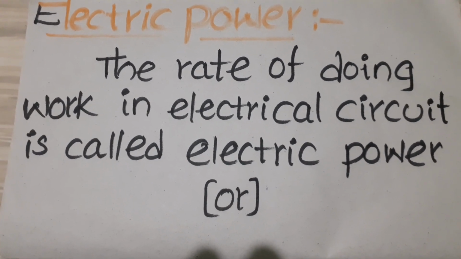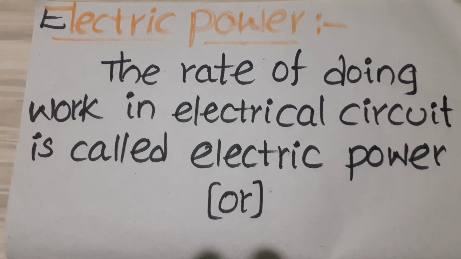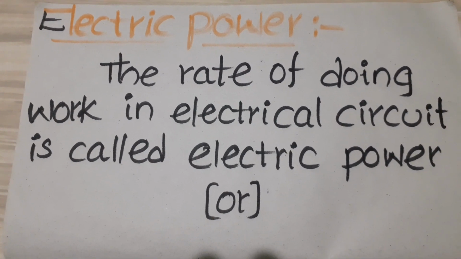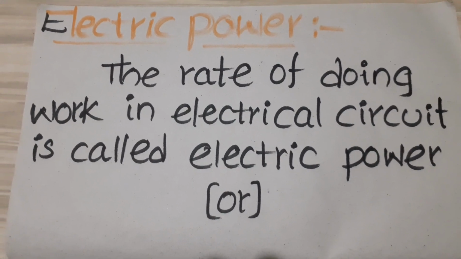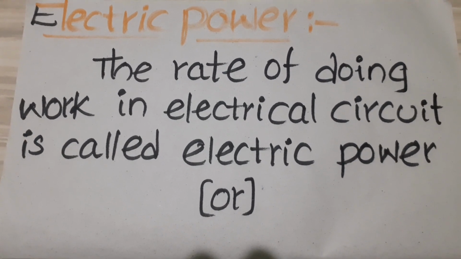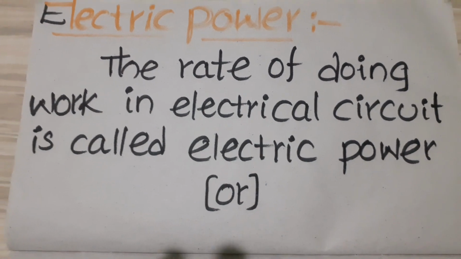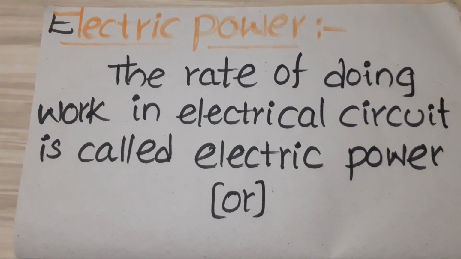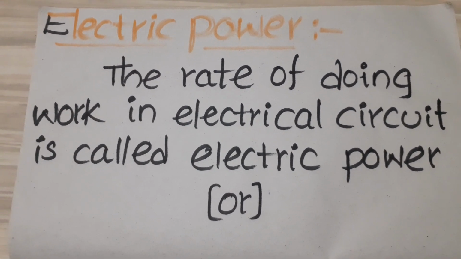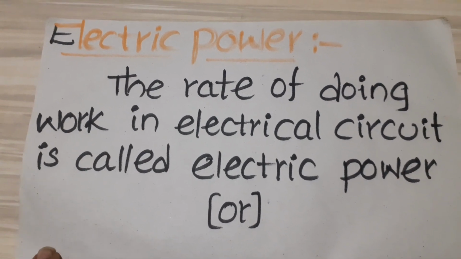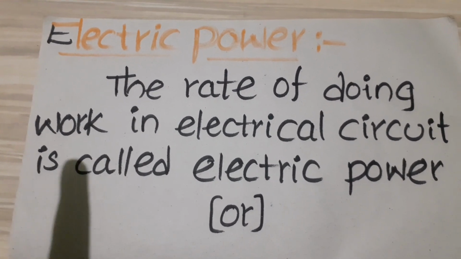So in any electrical circuit, the rate of doing work. In an electrical circuit, electrons will flow from one point to another point. That is the work performed by the electrons in the electrical circuit. So that work is called electrical power.